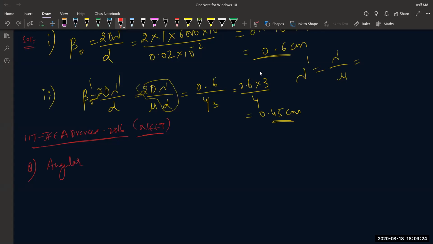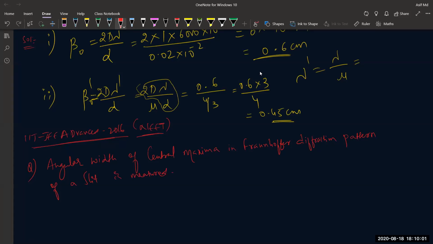The angular width of the central maxima in front of a diffraction pattern of a slit is measured.